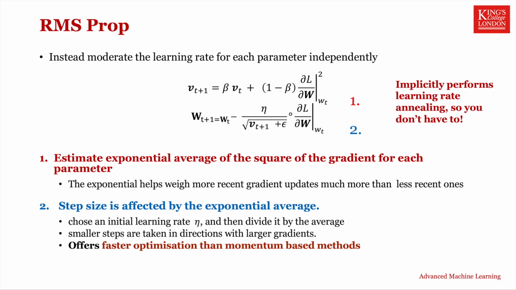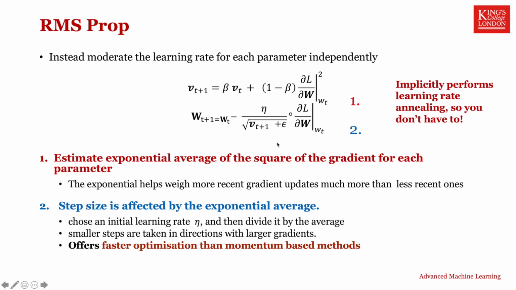Specifically, you can hopefully see here that eta, the learning rate, is normalized through by the square root of v at time t plus 1, with a small adjustment by epsilon to prevent division by 0. V here represents a moving average of the squared gradients, where use of squaring ensures that more recent updates are weighted much more than less recent ones.